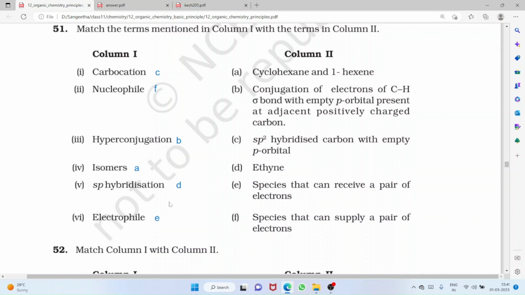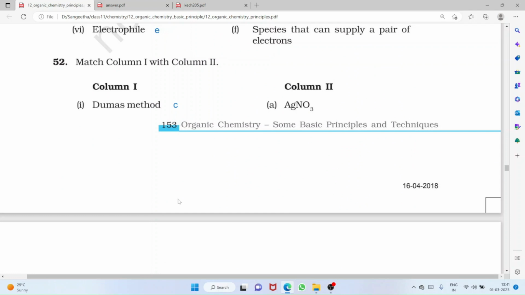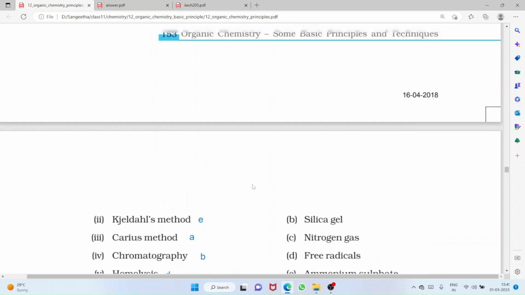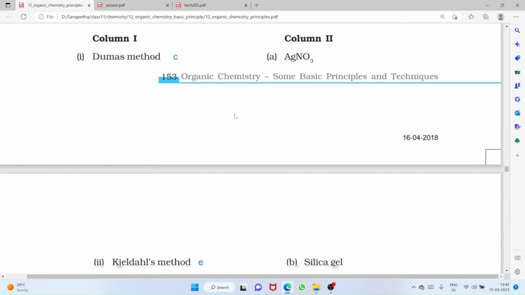Electrophile means electron lover, so it can receive electrons. This method is for nitrogen gas. Ammonium sulfate. AgNO3.